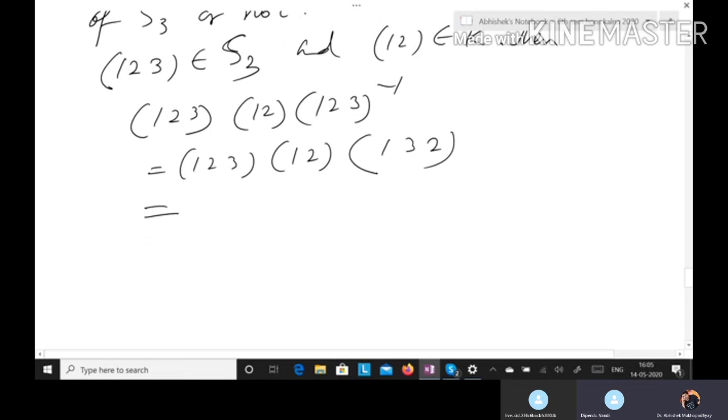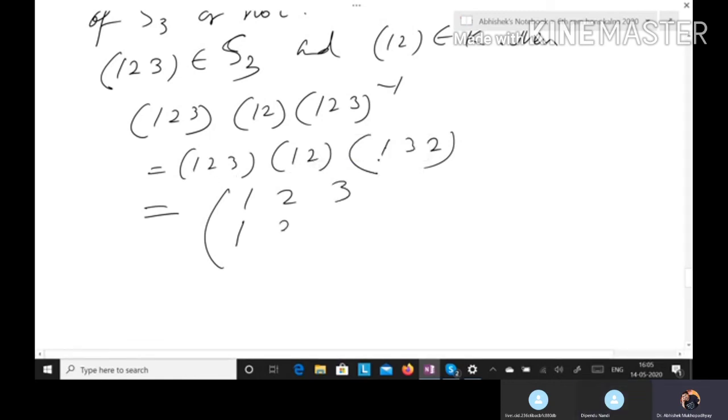Then 1 goes to 3, 3 goes to 3, and 3 goes to 1. Now 2 goes to 1, 1 goes to 2.